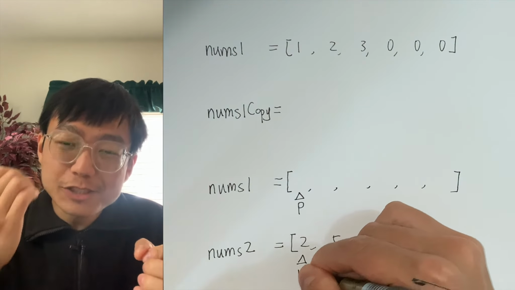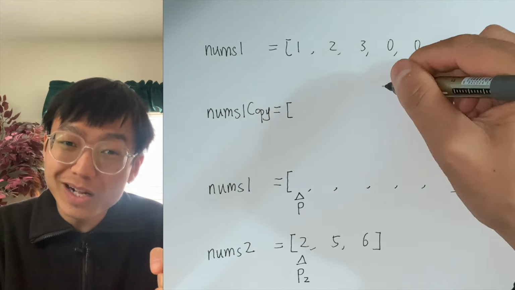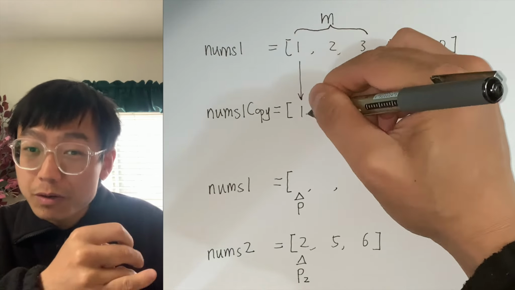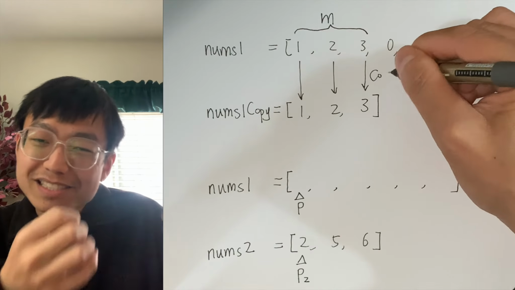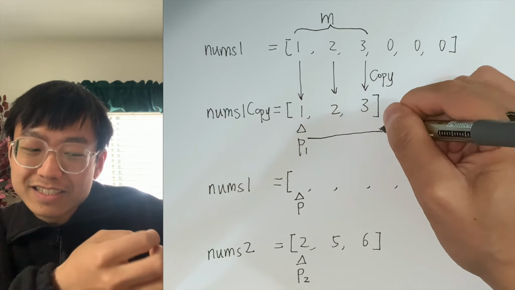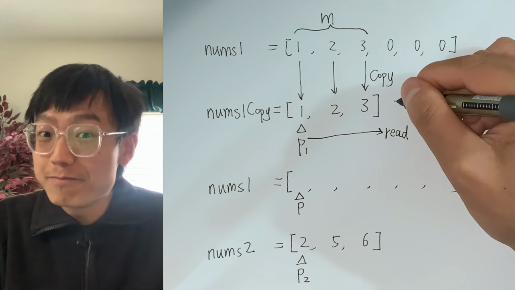Then we initialize a read pointer p1 to read values from the beginning of nums1 copy. The space complexity is O of m because we allocate an additional array of length m.